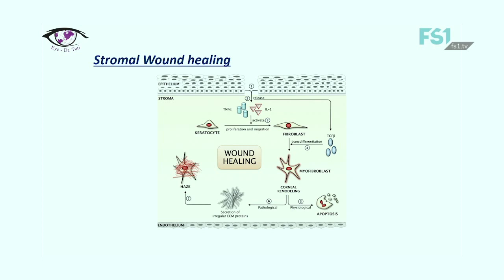After myofibroblast proliferation, there are two ways, physiological and pathological. Physiologically, this process ends up with apoptosis, and pathologically, when the stromal tissue is damaged, it ends up with haze or scar tissue formation. Keratocyte activation, as you can see, leads to cell migration and transformation into fibroblasts, and this leads to production of scar tissue when the stroma is damaged.